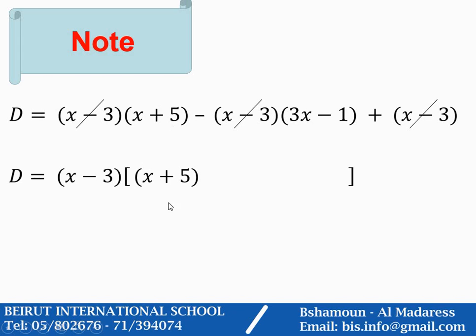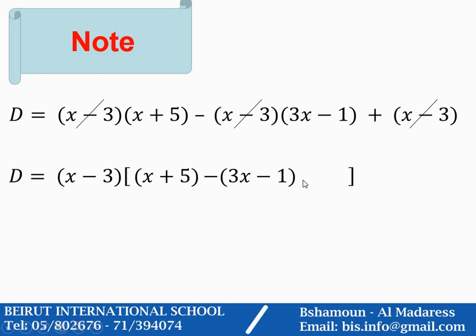From the first term, it remains x plus 5. From the second term, it remains 3x minus 1 with minus, so it's minus 3x minus 1, and here is the remark. What is the remaining from the third term? Since the third term is x minus 3, we simplified x minus 3.